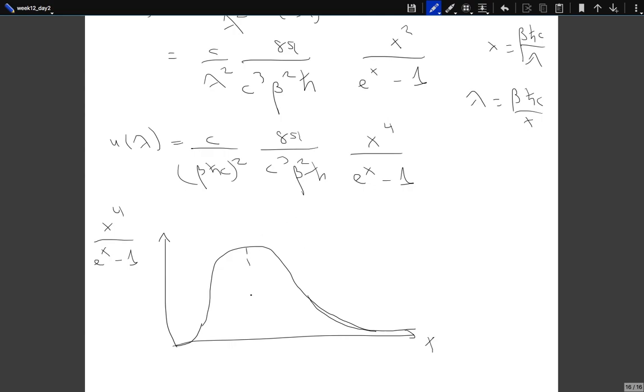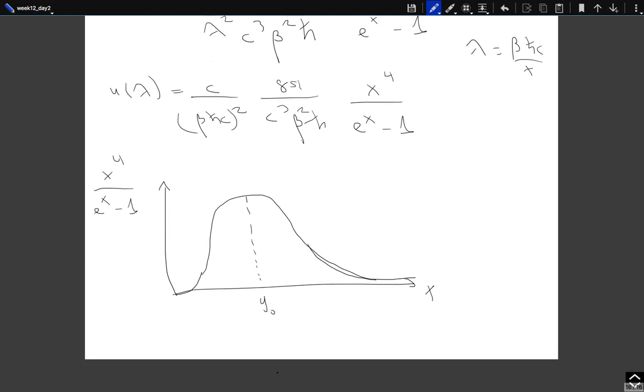And again, there is this point over here, which let's call y0. Just keep in mind that y0 is not equal to x0.